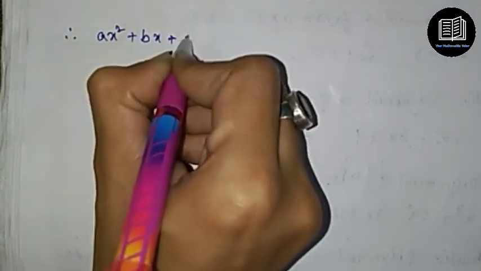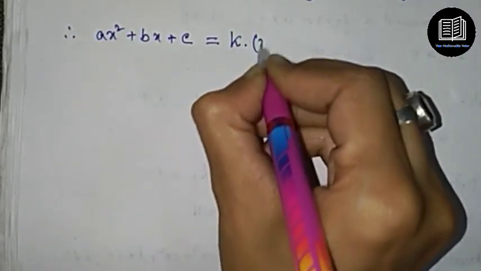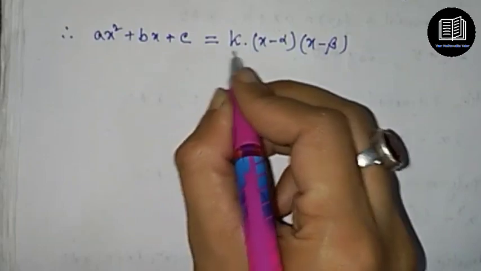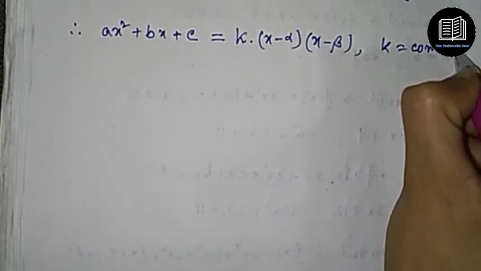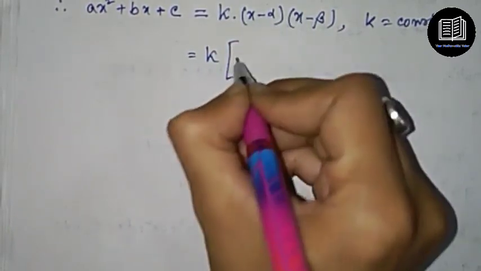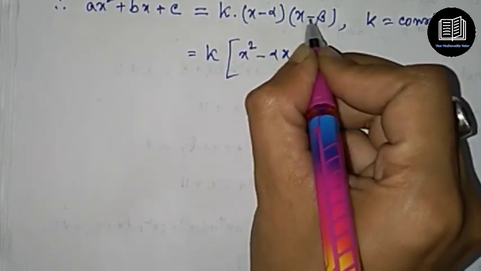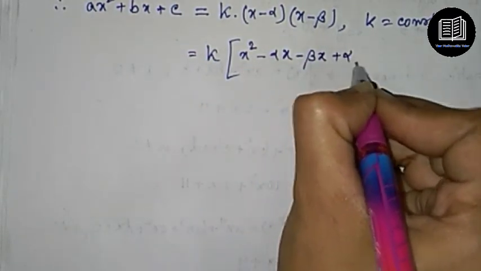Now see, ax square plus bx plus c, this is our polynomial. Now x minus alpha and x minus beta are factors of this, so we can write k into (x minus alpha) into (x minus beta), isn't it? Factor means this is a multiple of this, where k is a constant. Now multiply: x into x, that is x square; minus alpha into x, that is minus alpha x; x into minus beta, that is minus beta x; minus alpha into minus beta means plus alpha beta.